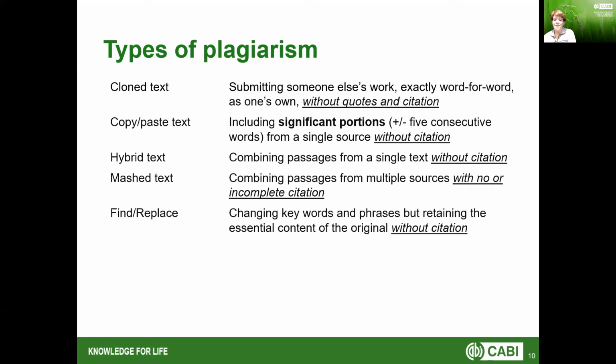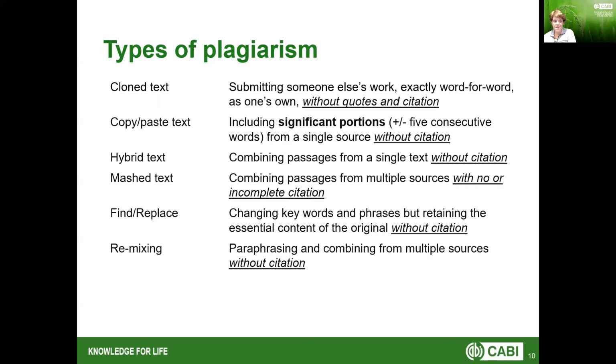Finding and replacing text, but retaining the essential context. So if you're changing out keywords or phrases and doing that without citation, that is also considered plagiarism. Remixing, paraphrasing, or using reworded content without citation is considered plagiarism.